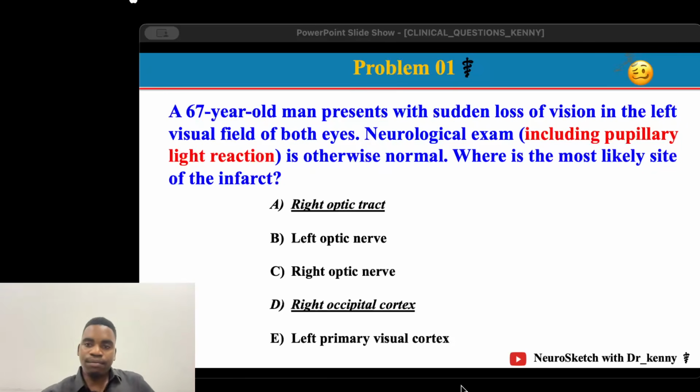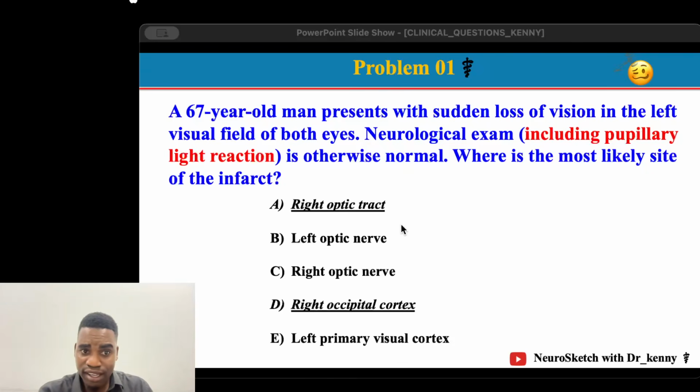All right, so if the pupillary reaction is okay, what does it mean? Let's recall a little bit on the pupillary reaction pathway. The afferent fibers of pupillary reaction occur within the optic nerve and the optic tract. And remember, there we have the extrageniculate fibers that will go to the pretectal area.